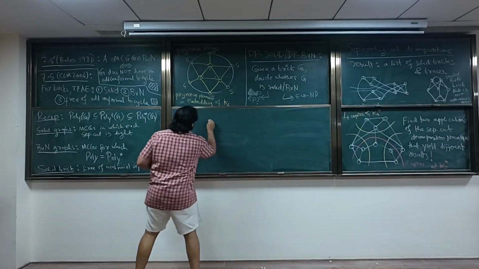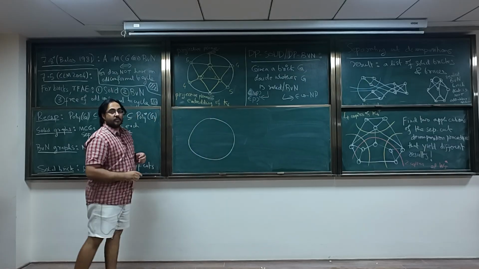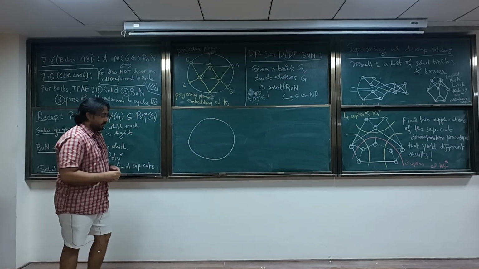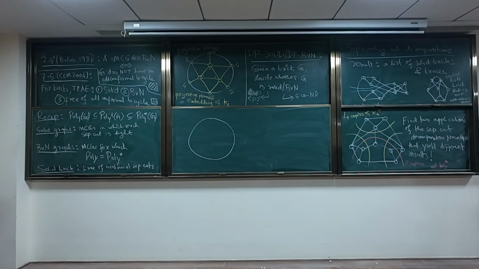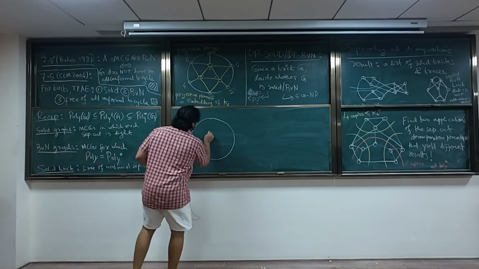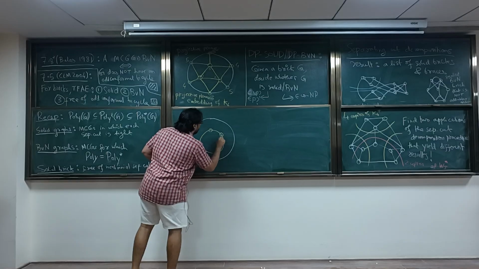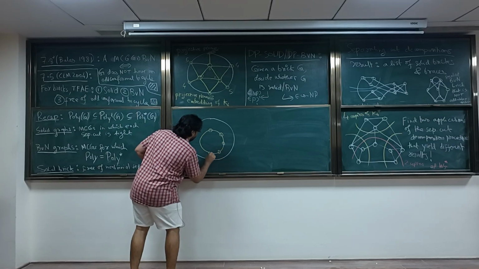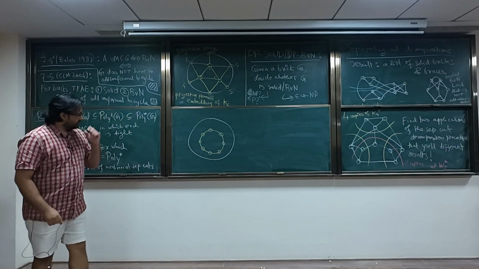So, this is my projective plane, and now I want to draw a Mobius ladder. I will draw M8, which is a solid brick. Not bad.